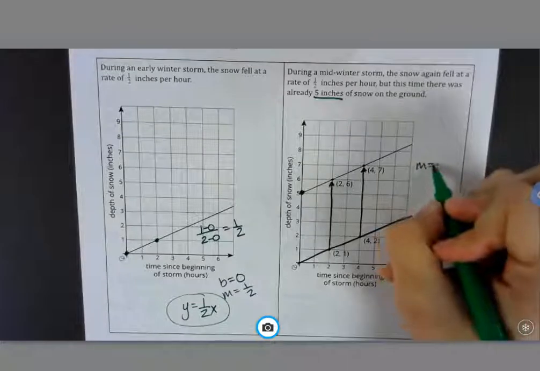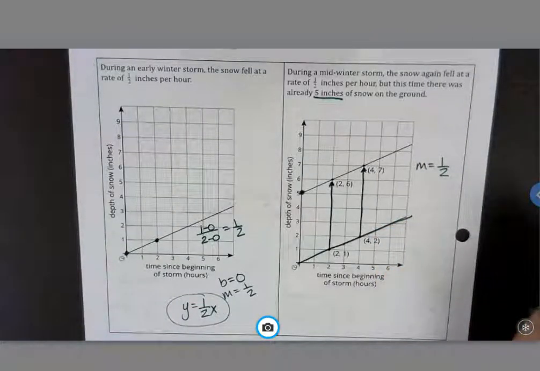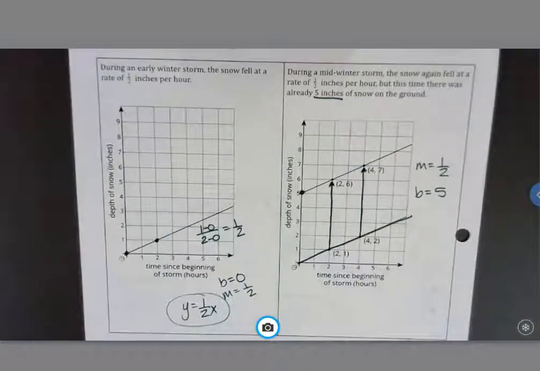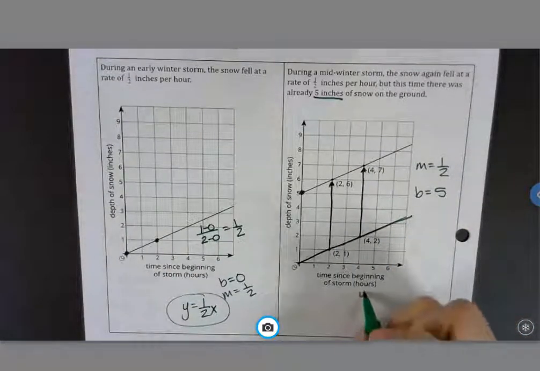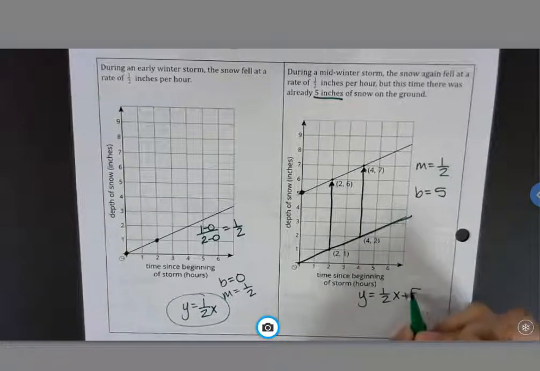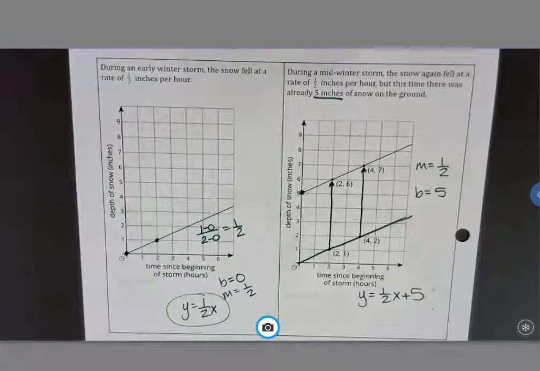So our slope is still going to be 1/2 inch per hour, but our starting point before it starts snowing is going to be 5. So we already have 5 inches, and we're adding 1/2 inch per hour.